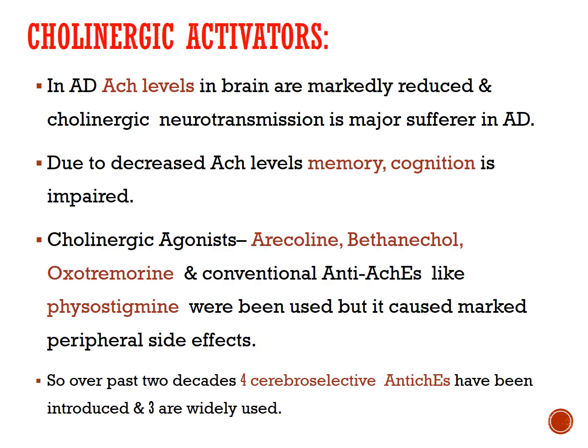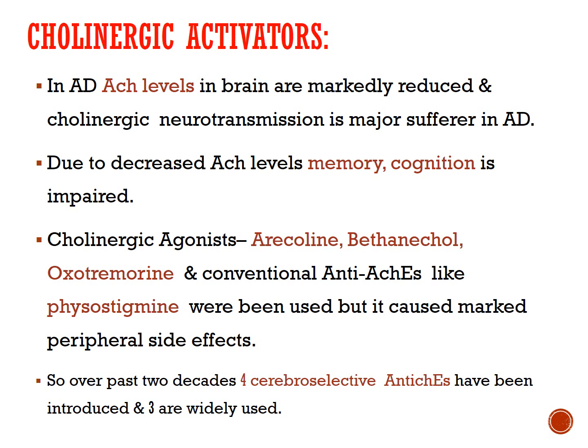First we will see the cholinergic activators or cholinesterase inhibitors. As we have already said, the cholinergic system is the most damaged system in Alzheimer's disease. Our role is to restore the cholinergic transmission. For this purpose, we use cholinesterase inhibitors.